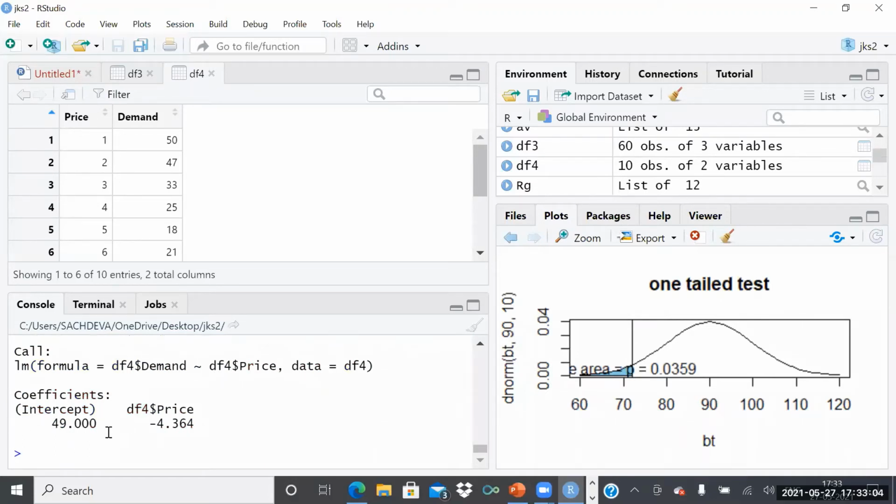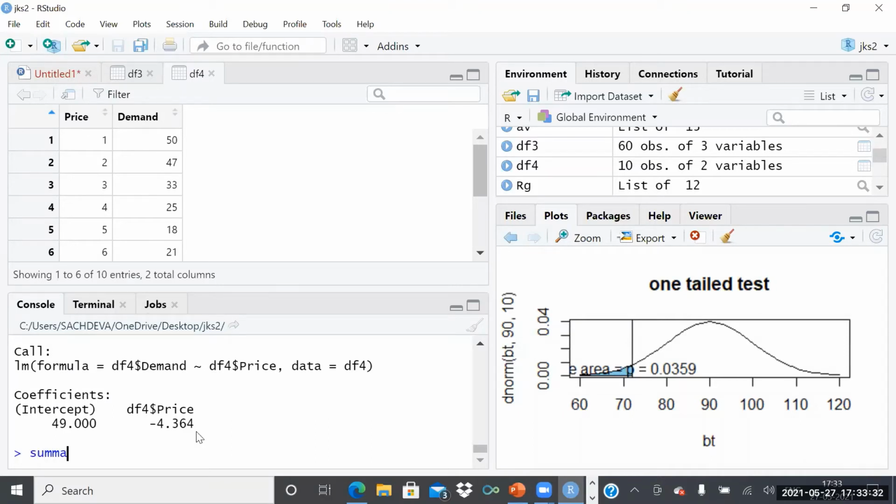Intercept is 49 and your coefficient is minus 4.364. Minus means there is a negative relationship. Price is increasing, demand is falling. So you can write the equation as demand is equal to 49 minus 4.364 price.